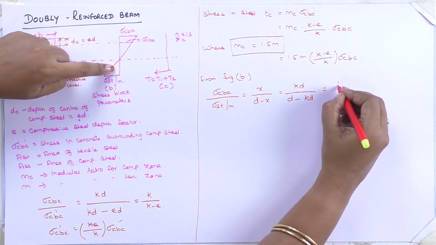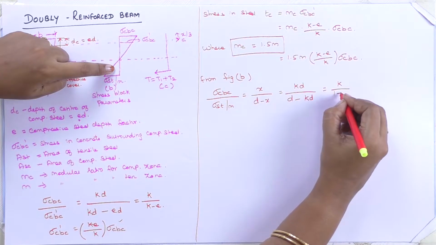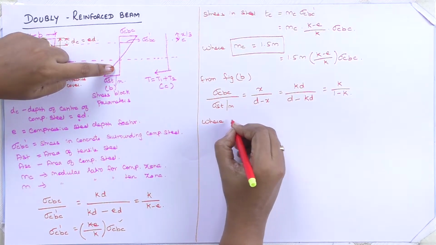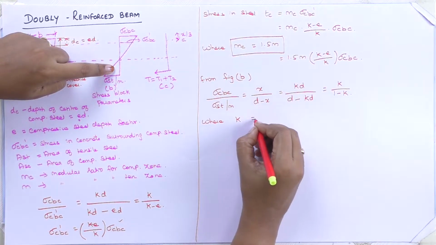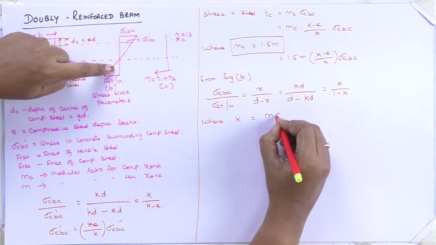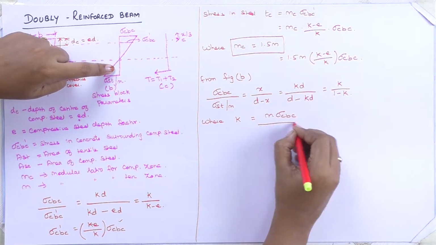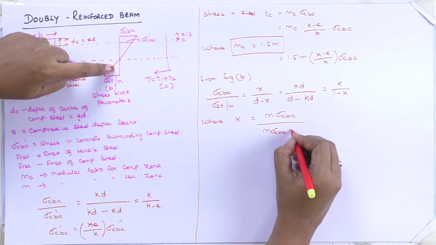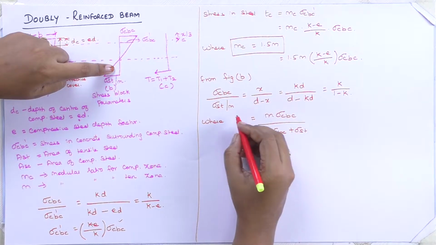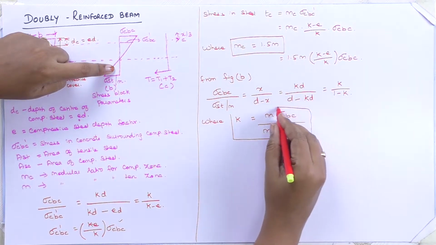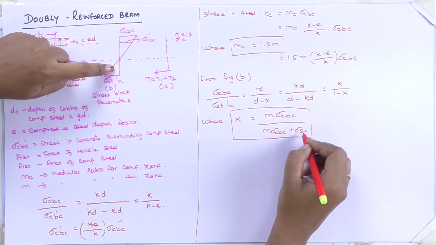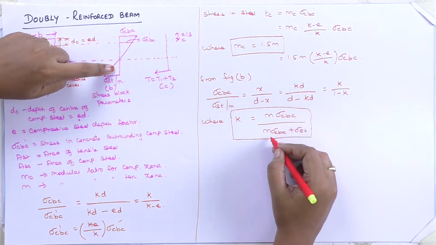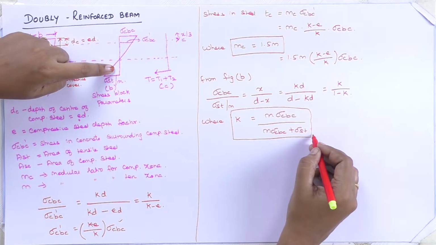This you can write as k divided by 1 minus k, where k you can write the formula as m into sigma cbc divided by m into sigma cbc plus sigma st. This is the factor for calculating the design constant values.